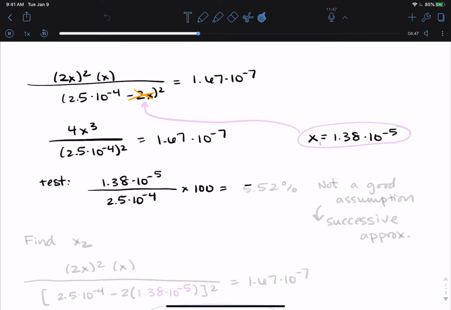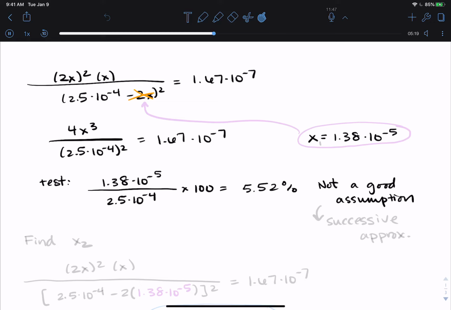And I get 5.52%. So we were so close, but it was not a good assumption. And like I said earlier, we don't have the choice of going back to try to just solve it with quadratic or anything like that because we have a cubic root in this problem.